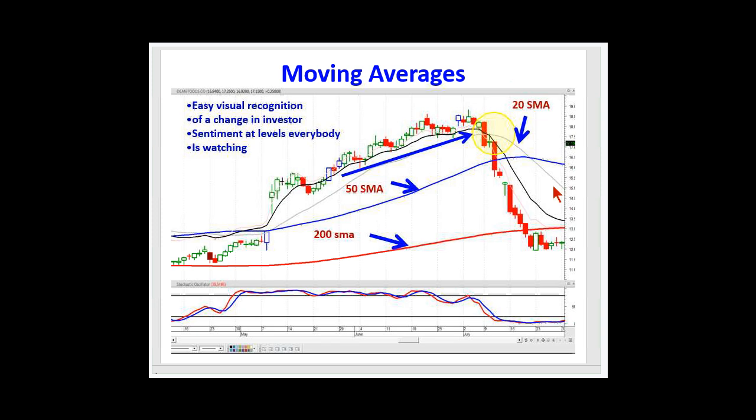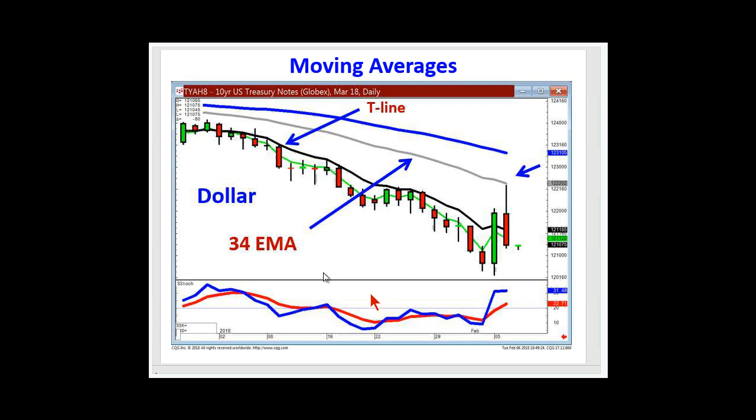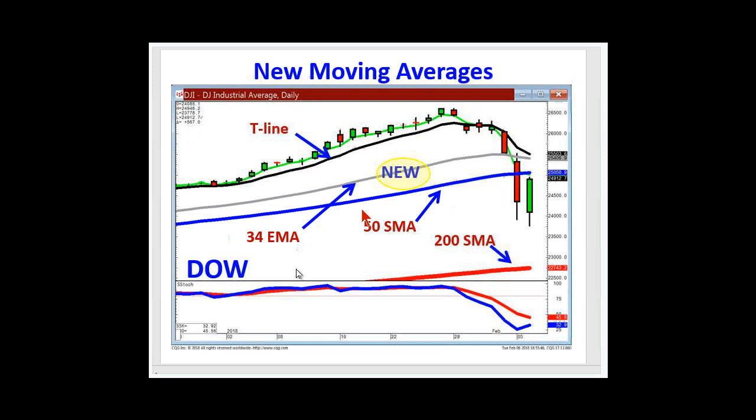So our charts have the blue line, the 50-day moving average, the red line, the 200-day moving average. Oops, we've changed from the 20 back to the 34. And the T line is the 8 exponential moving average. They work very effectively to tell us whether we're in a downtrend.